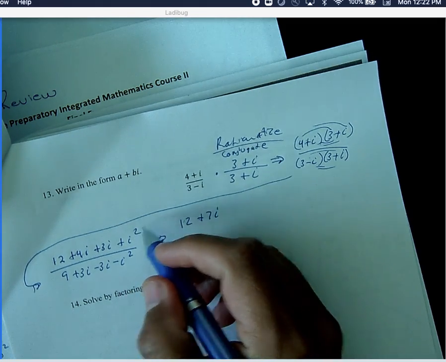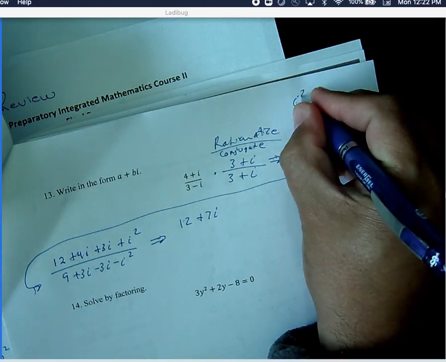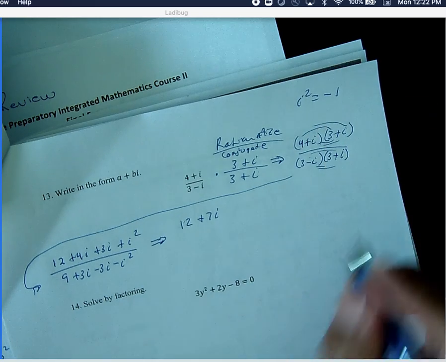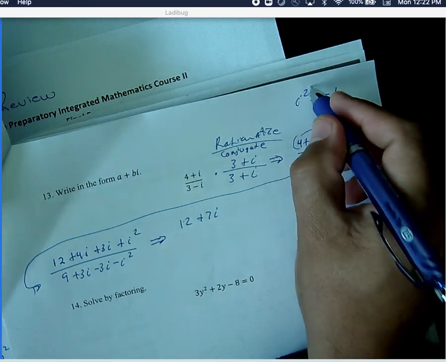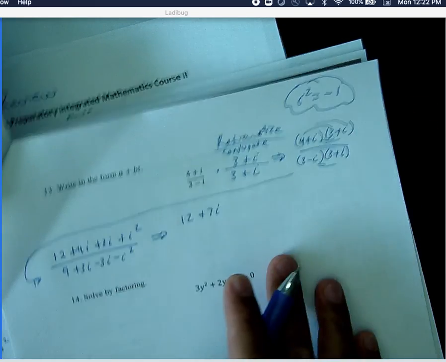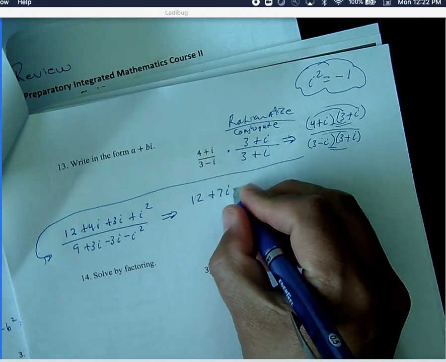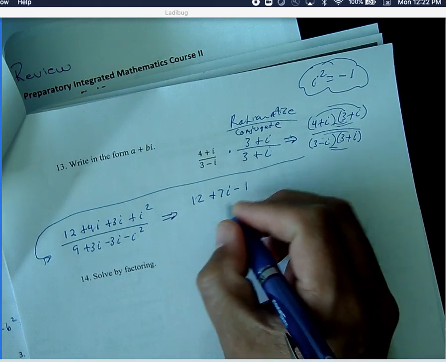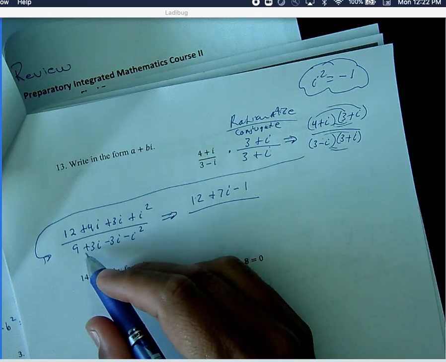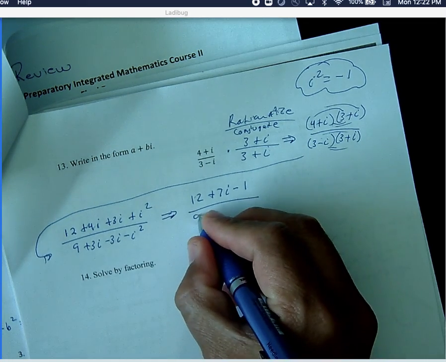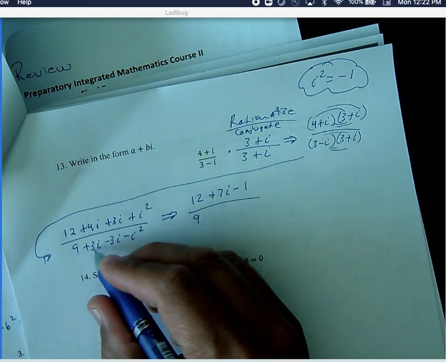And then i squared, you guys should remember that i squared is equal to negative 1. Don't forget this, guys. So this i squared becomes a negative 1. Over 9. 3i minus 3i just becomes 0.